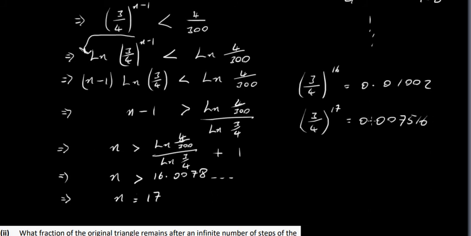So here you can see the first step is at 17, and here it is less than 1 over 100.